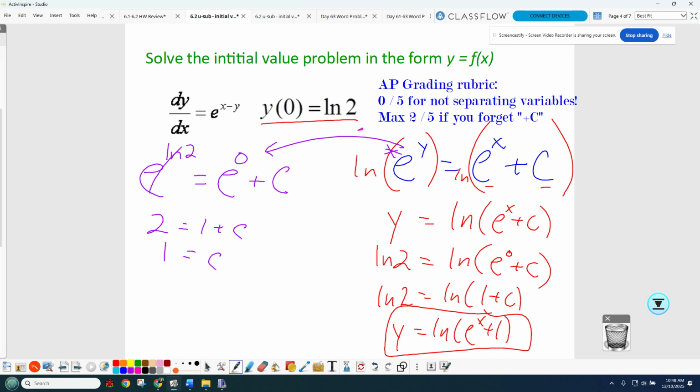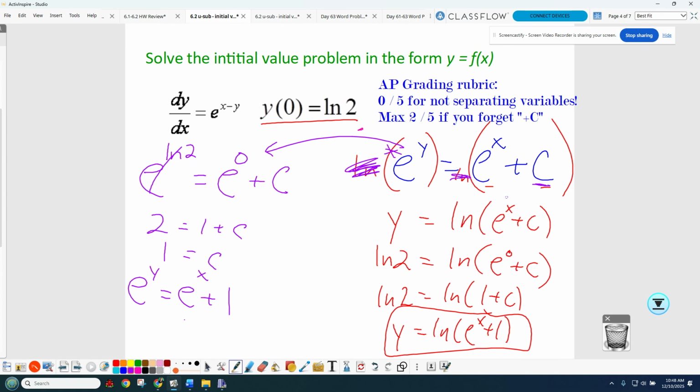Once I plug things in, c is fixed. Now if I doubled both sides, I would have to double the c as well. But e to the y equals e to the x plus 1. Do natural log of both sides and I still get the same answer. So you can plug in at any step, and once you plug in that initial value, it freezes.